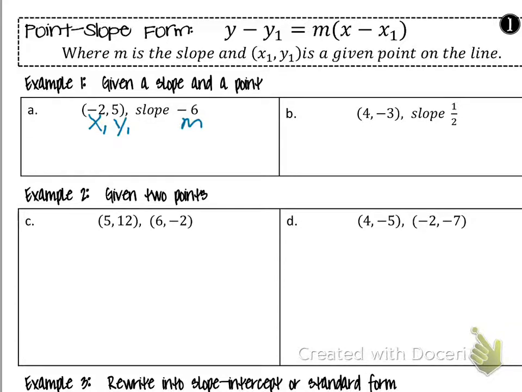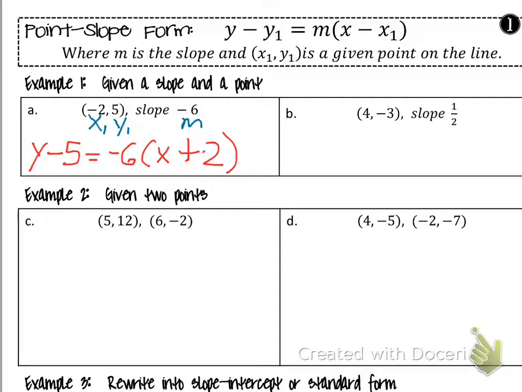So your equation will be y minus your y1 is 5 equals your m, which is negative 6, parentheses, x minus negative 2, parentheses. Now when you have a minus a negative, it turns into a positive. So this would be your equation.